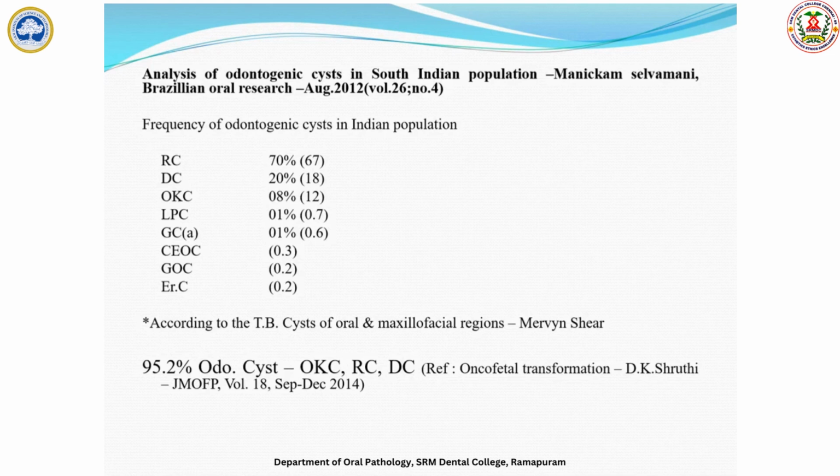So radicular cyst comes under the category of inflammatory cyst. Second thing is, it arises from the odontogenic epithelium, the cell rests of Malassez, which are nothing but the remnants of the root sheath. Since inflammation causes the cyst and the cyst arises from the odontogenic epithelium, it comes under the category of inflammatory odontogenic cyst.